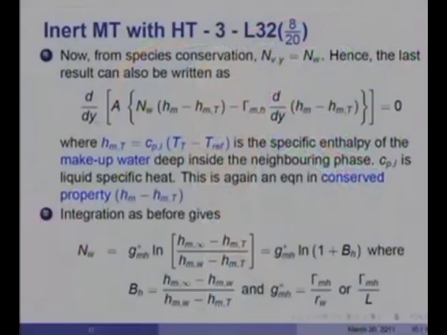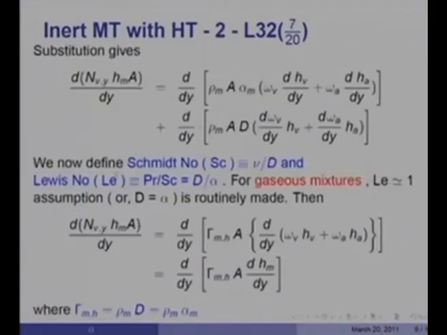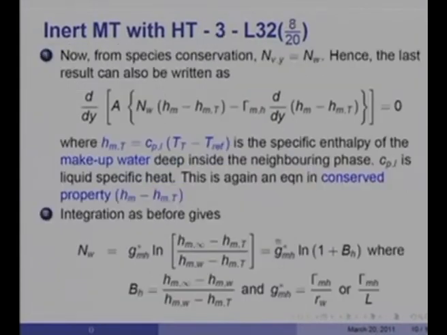Hence the last result can be written as d/dy of N_w (H_m minus H_MT) minus γ_mh times d/dy (H_m minus H_MT), where H_MT is simply the enthalpy of the transferred substance and it is a constant. So, all I have done is really added or subtracted H_m minus H_t, and therefore, I made really no change.